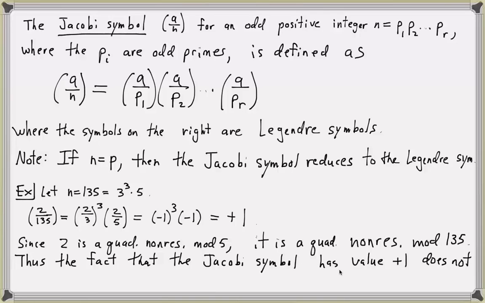If the Jacobi symbol has value 1, you can't automatically determine if you have a quadratic residue, but if the Jacobi symbol equals -1, you can be sure that you have a quadratic non-residue.